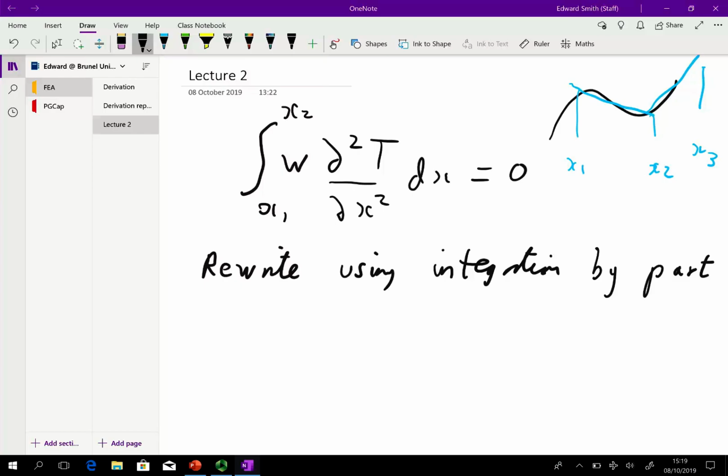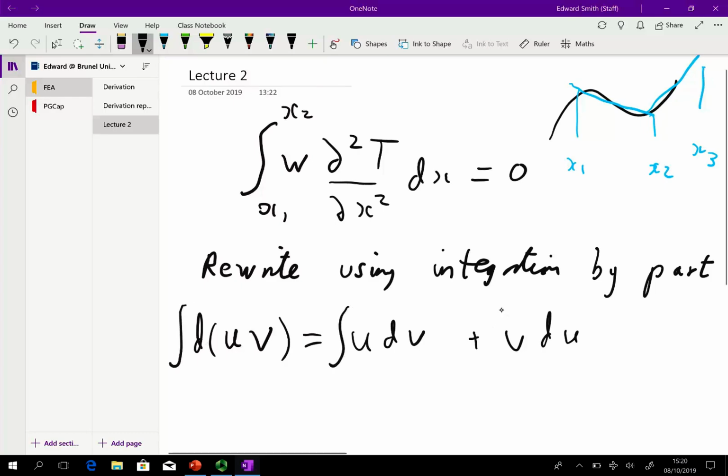Now, hopefully most of you remember how to do parts. If you don't, the easiest way to derive the equation for integration by parts, if you have two functions, u and v, is that the derivative of the product you can just write as u dv plus v du. Then you just integrate both sides. And so the integral of the derivative just gives you uv.